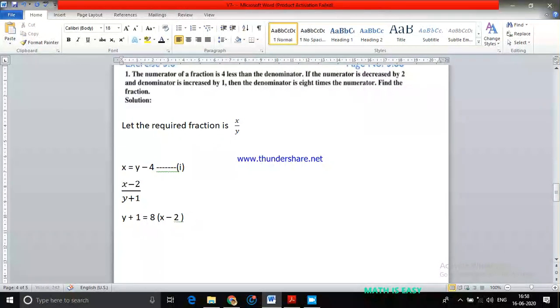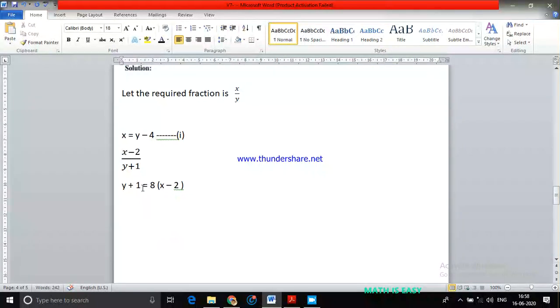So this is what will come: denominator equals 8 times the numerator. So open the bracket, let's see what you get. y plus 1 is equals to 8x minus 16. So bring all the terms to the right side or left side. No need to bring, I think.